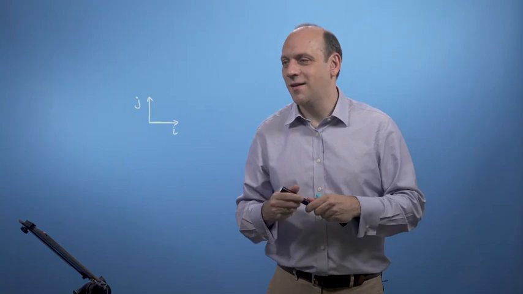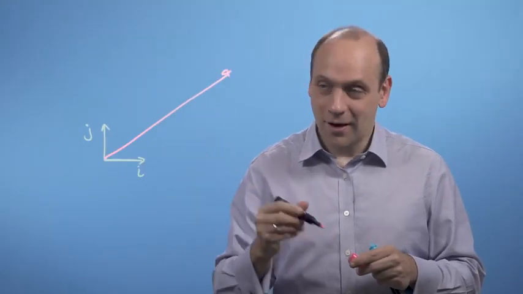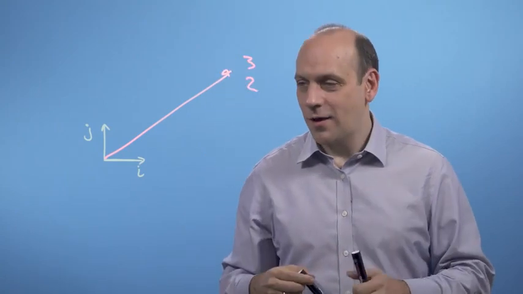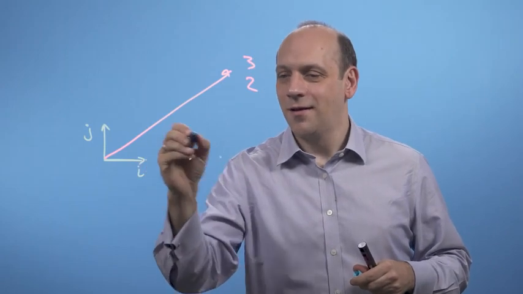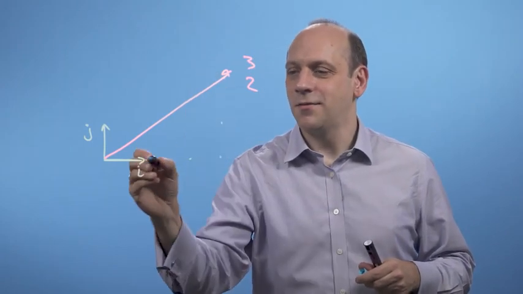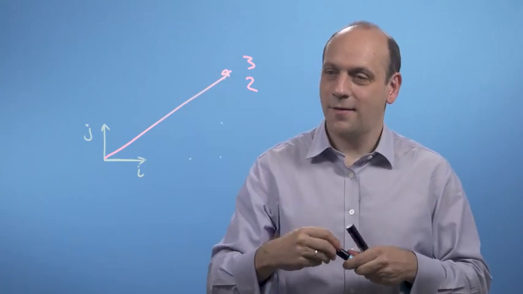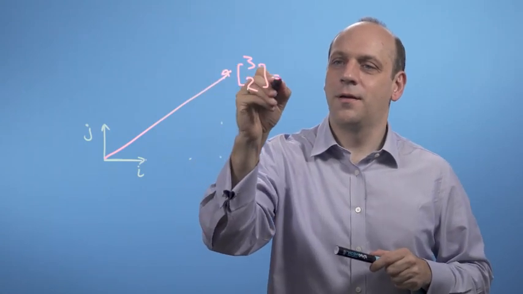If we wanted a vector r here, something like this, that was 3 2, by which we mean we go 3 i's, 1 i, 2 i, 3 i's, and then 2 j's. So we go 3 i's plus 2 j's, and that gives us a vector r here, just from our vector sum.